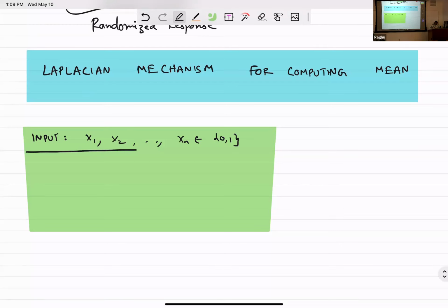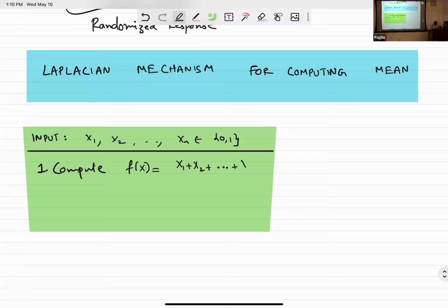So what the mechanism does is, first you compute the function exactly, and then you release the output plus some noise. I'm going to perturb the output and release it. It's maybe even simpler than randomized response in hindsight. Just release a noisy version of the output.